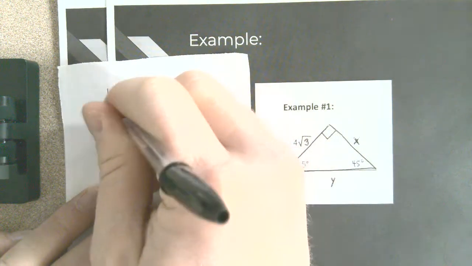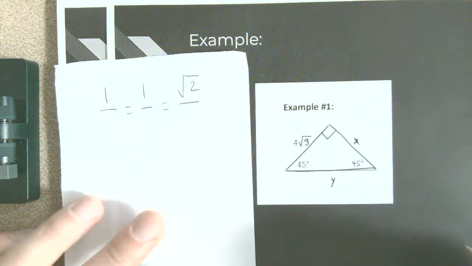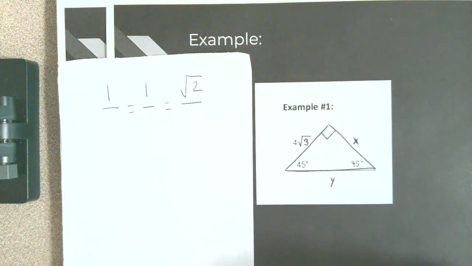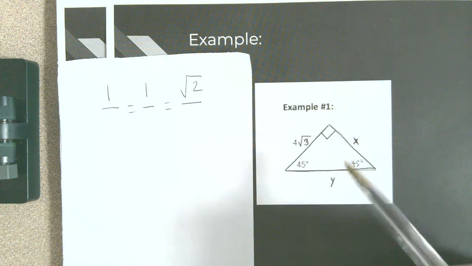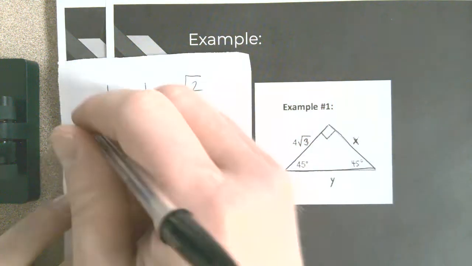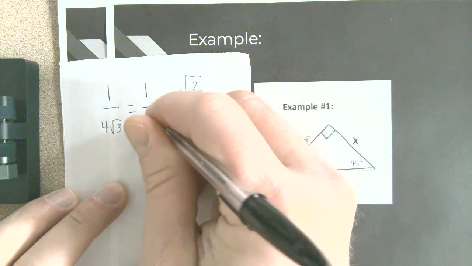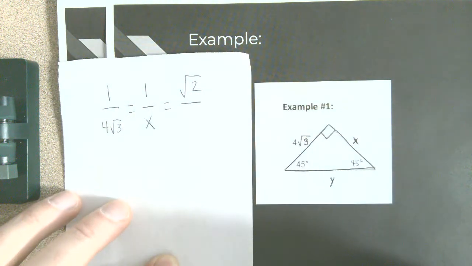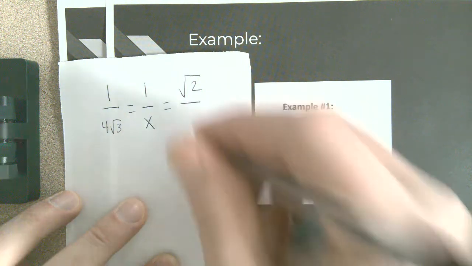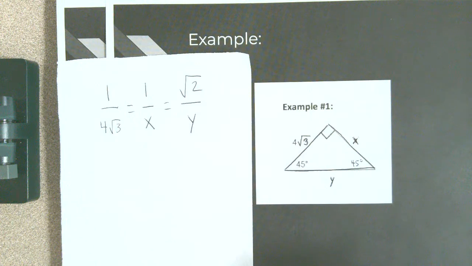Then I'm going to create a proportion. In my triangle, which two sides represent my legs? Well, we know that our legs are what make up the right angle. So I'm going to put 4 radical 3 and x. Those are my two legs. And I know my hypotenuse is y. That's my longest side.